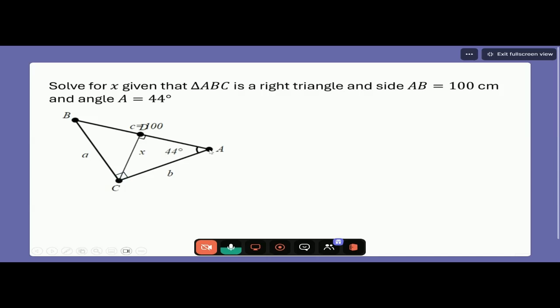Remember the naming convention that across from angle A is side little a, across from angle B, big B, is side little b, and across from angle big C is side little c. So that's where that came from. And then they just added this extra point in here because they wanted to divide the triangle into two separate pieces, and they labeled that D, and you can see the labeling just went a little wrong.